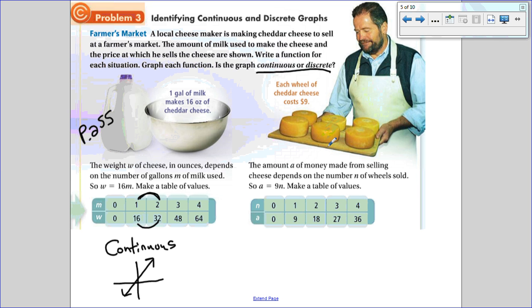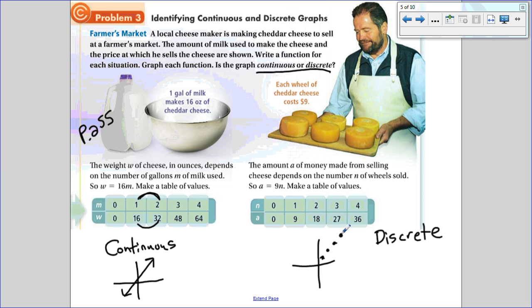Supermarkets will, but not the cheesemakers themselves. The cheesemakers make the whole wheel of cheese, and the grocery stores have to buy the whole wheel. Okay, so this one is discrete because you cannot have every value in between. So this graph is going to look something like this, just dots.